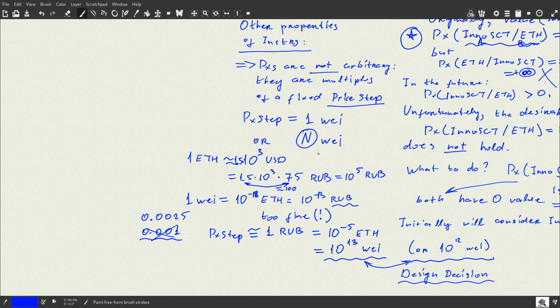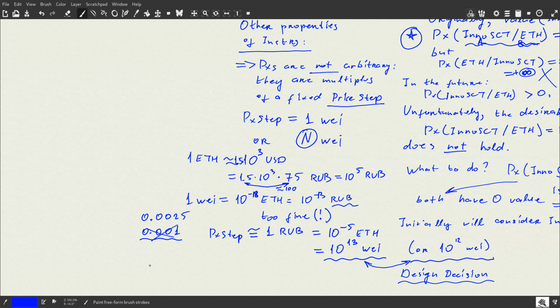It is simply not possible to do an Ethereum transaction with a quantity less than one wei. There are some differences between these two cases of how it would be implemented.